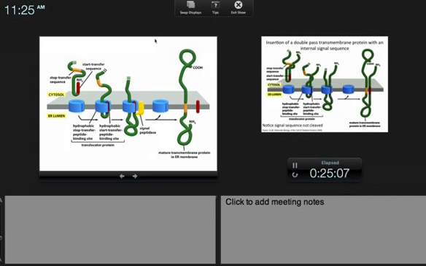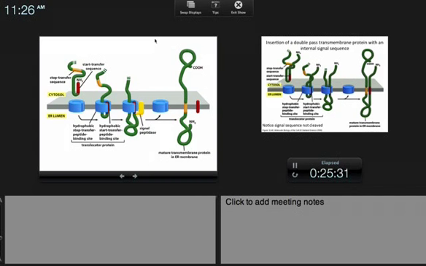Then you'll finish translating up here to get that carboxy terminus. You'll get cleavage by the signal peptidase from your signal sequence, and then this stop transfer sequence will move over into the ER membrane, and that will be your transmembrane domain. And so in this case, your N-terminus is on the luminal side.